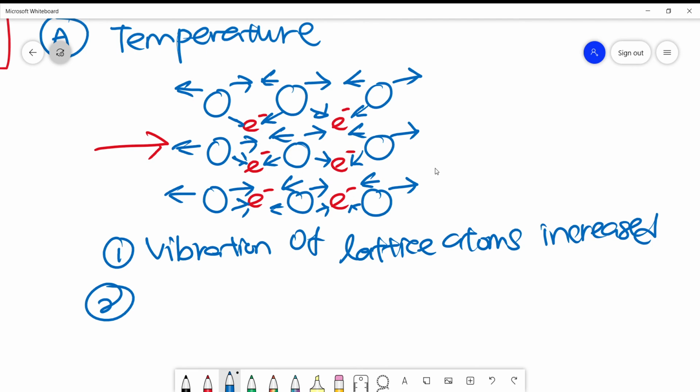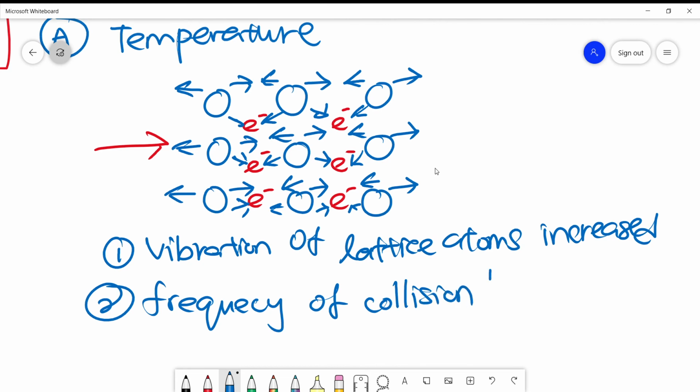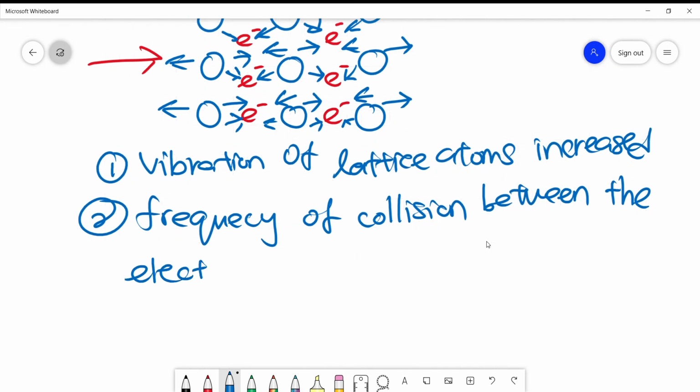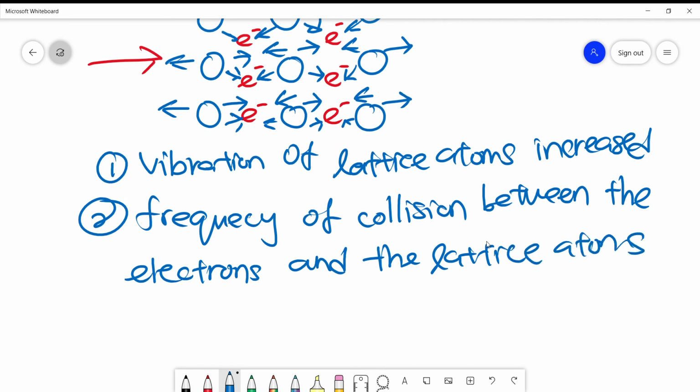So when the colliding of the free electrons begins to increase, I can say that the frequency of collision between the electrons and the lattice atoms will increase.